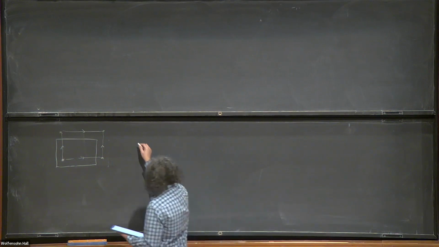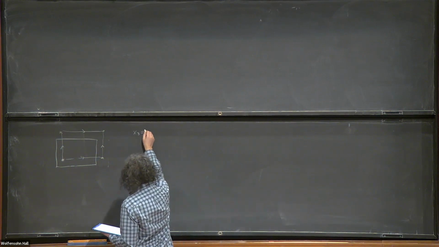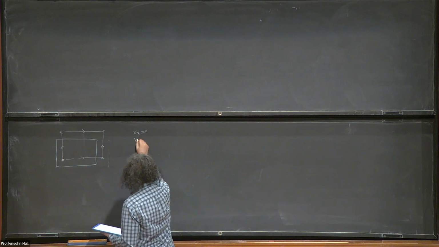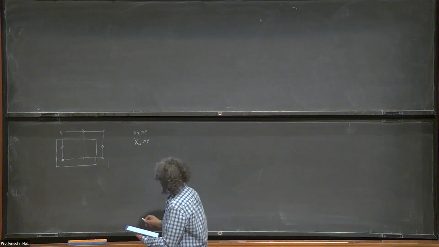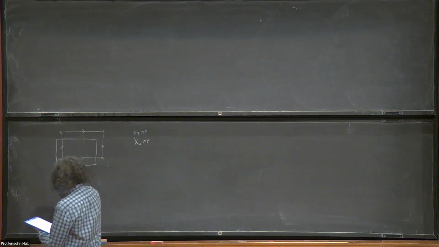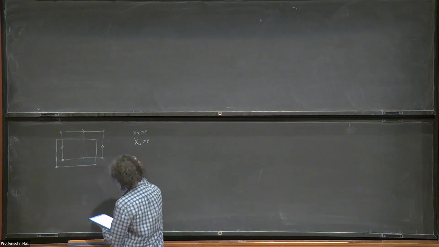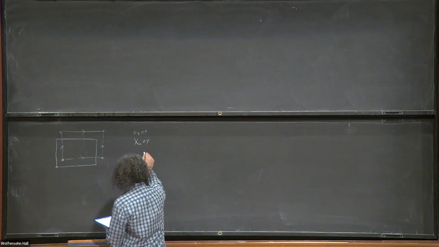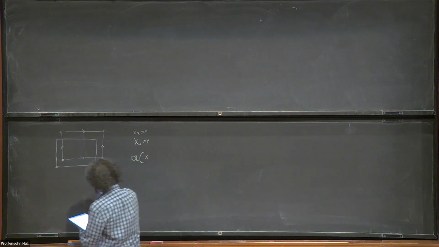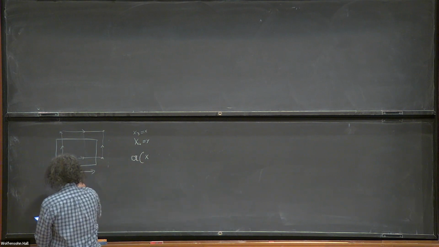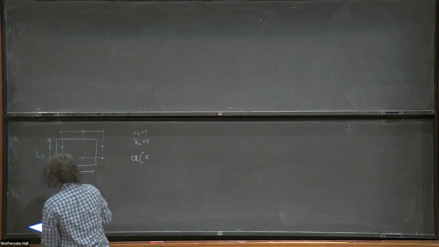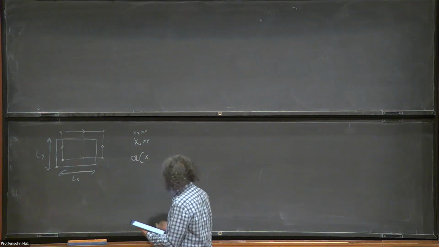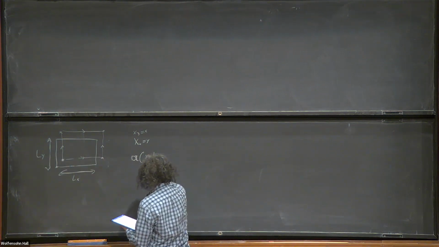So let me call x3 x to lessen the clutter, x4 y for a moment. Let's say we look at gauge field A, X, and this is Lx, this is Ly. Let me write down this twisted boundary condition by using transition functions.